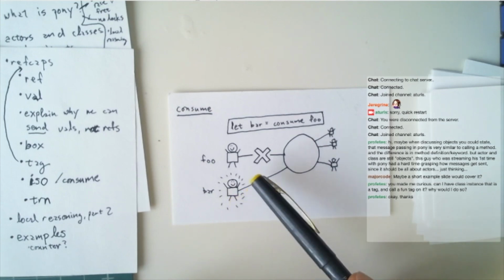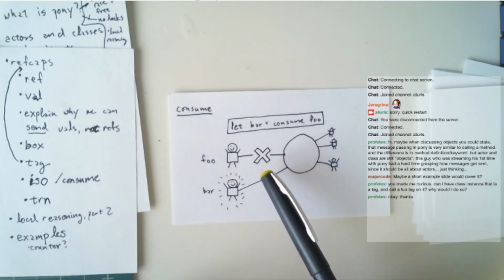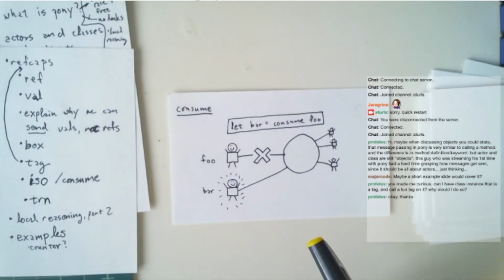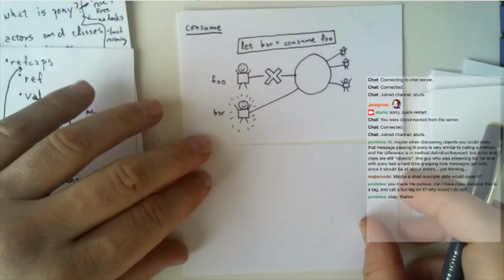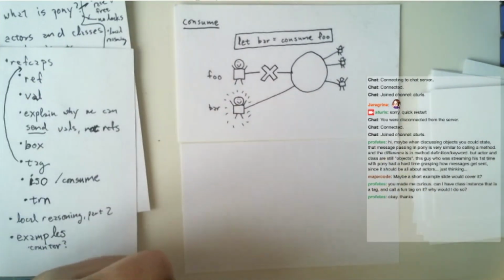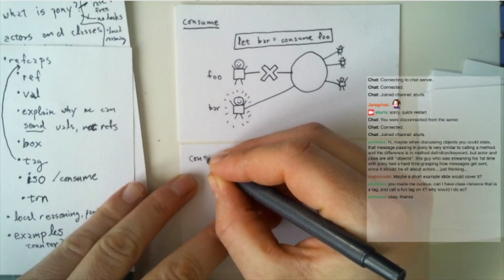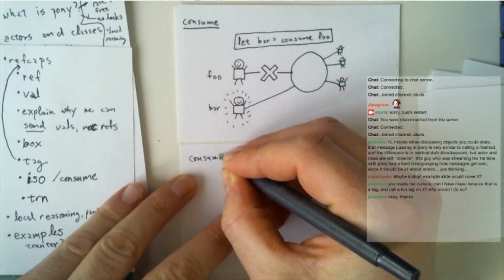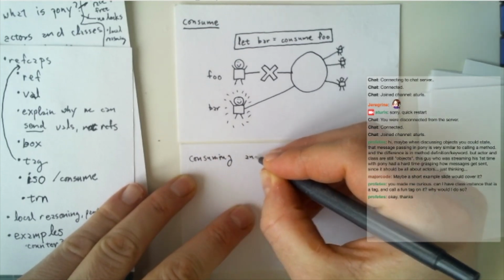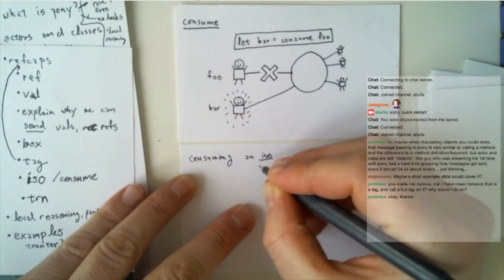For example, if foo was an iso, and this is where I think I may need to make some example cards, consuming an iso.